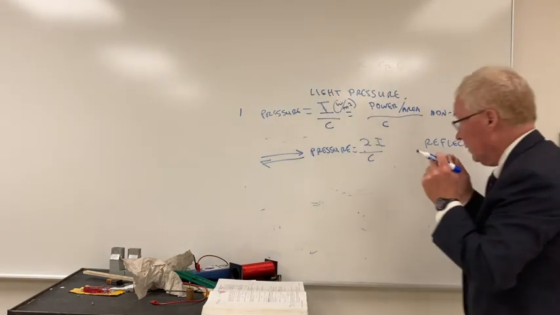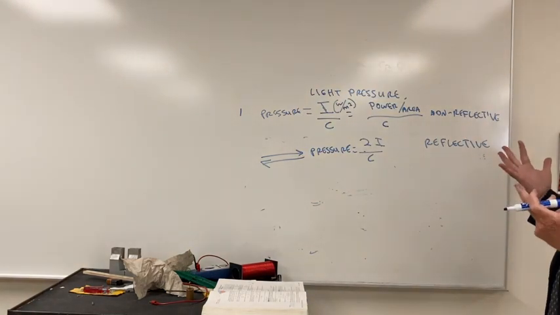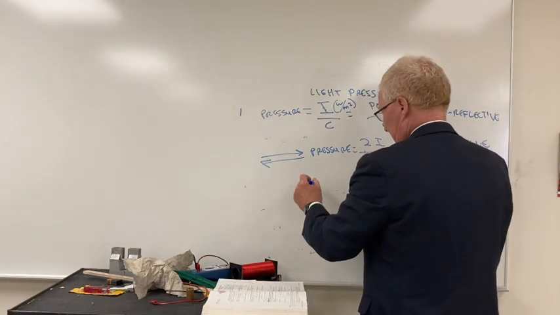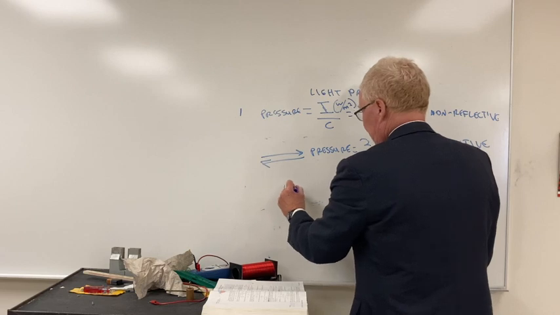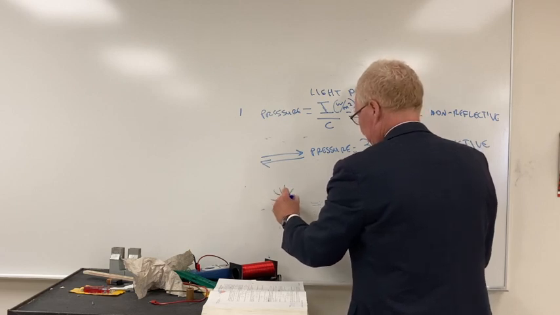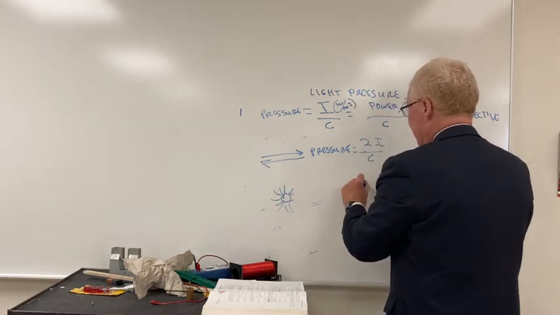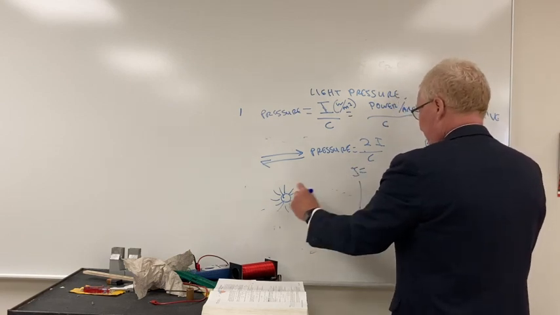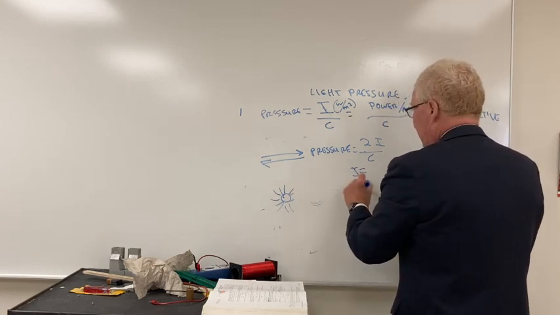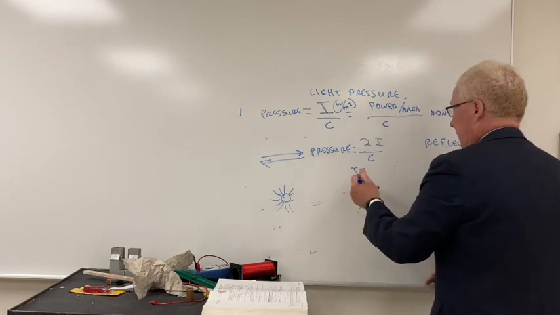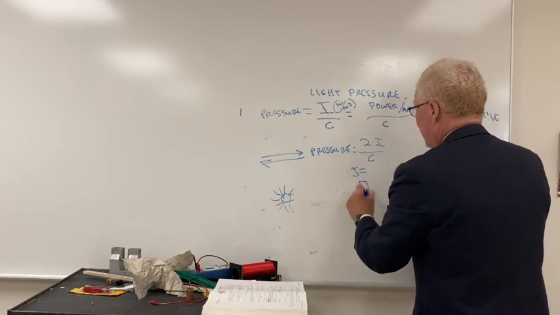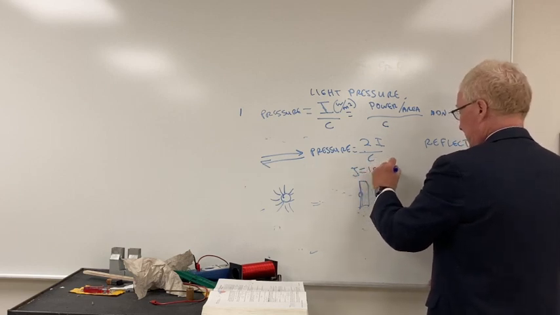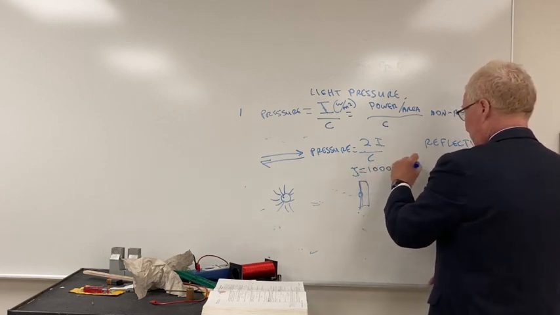All right, so let's do a simple example. Let's say at the distance from the sun of the Earth, we're here, and we want to put a solar sail out. The intensity is 1,000 watts per meter squared.